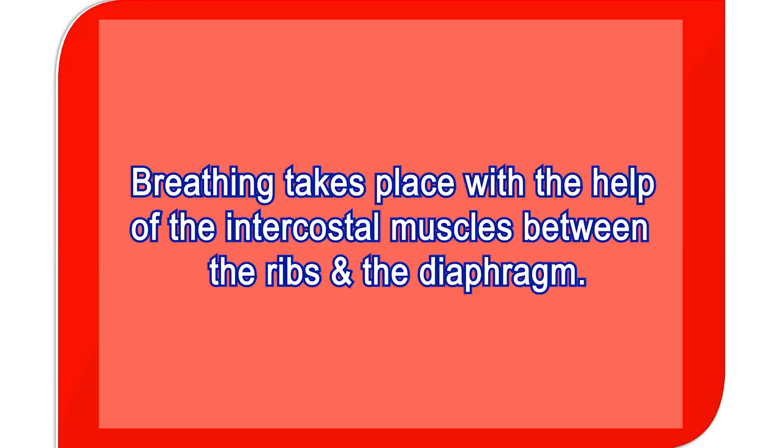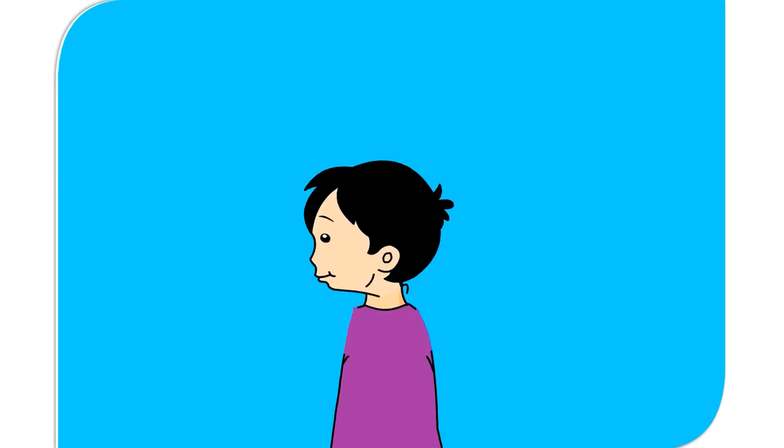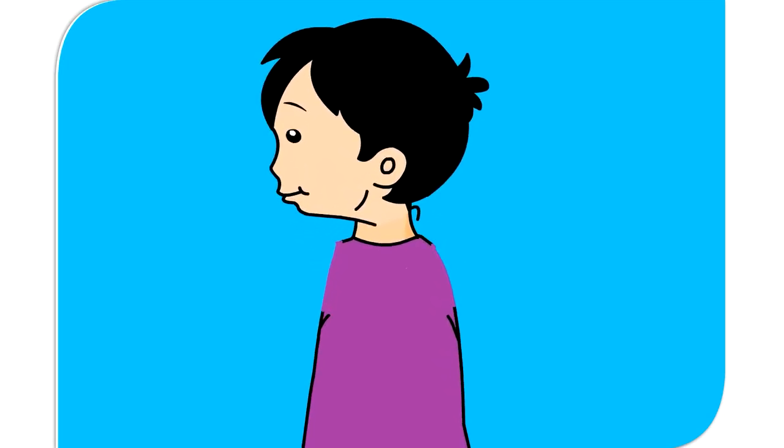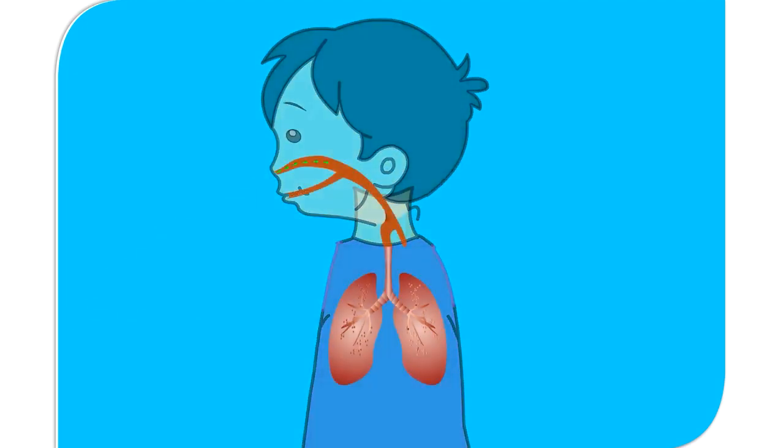Breathing takes place with the help of the intercostal muscles between the ribs and the diaphragm. When we breathe in air, the intercostal muscles contract, the ribs are pushed upward and outward, and the diaphragm contracts and moves downwards. This increases the chest cavity and air rushes into the lungs and they expand.